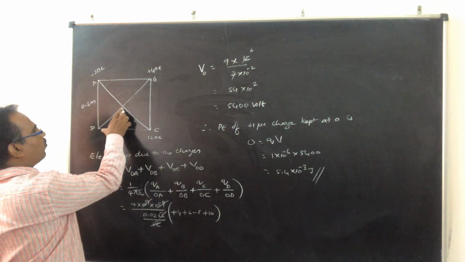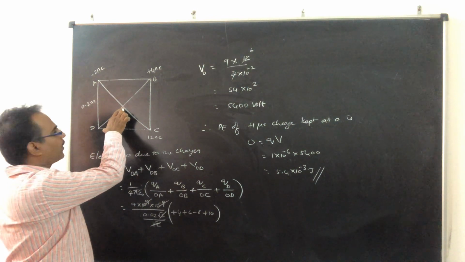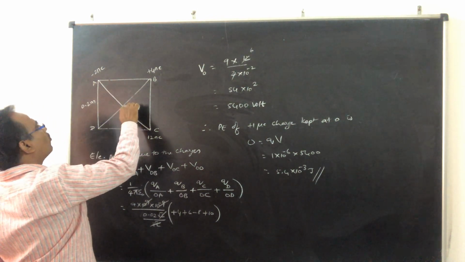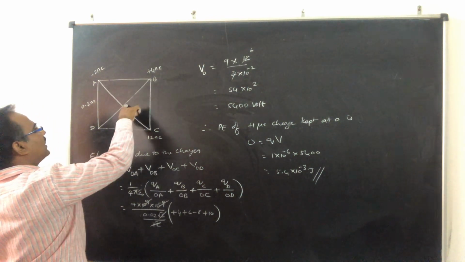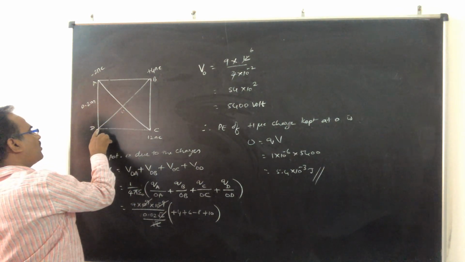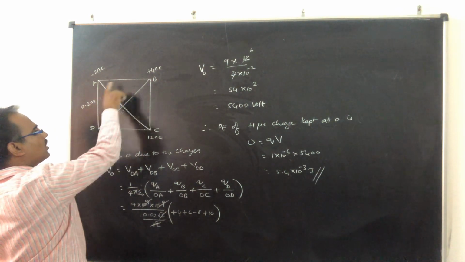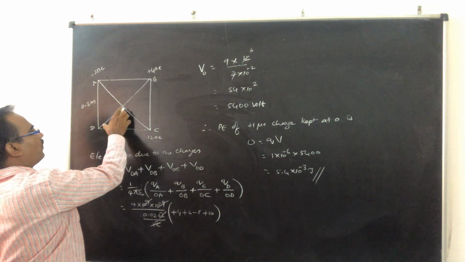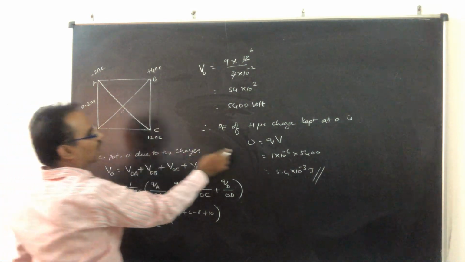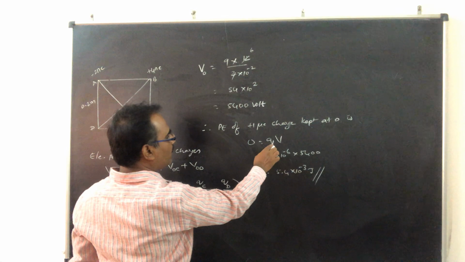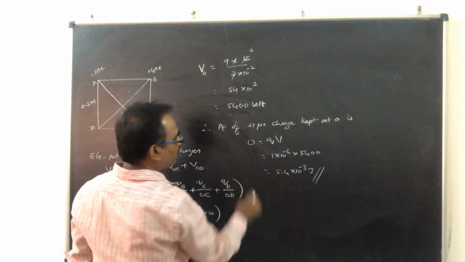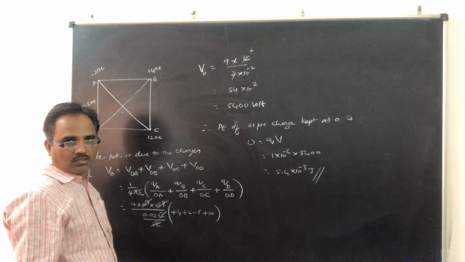So first you have to find the potential difference here. That means first you find the potential at O due to these 3 charges. You find the potential at D due to the same 3 charges. You find the potential difference. That potential difference into charge to be moved will give you the work done in moving the charge.